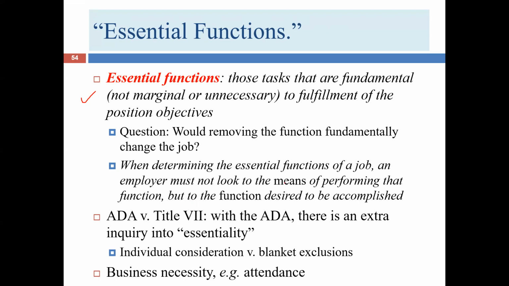Okay, so when determining the essential function of the job, an employer must not look to the means of performing that function, but to what is supposed to be accomplished. So let's imagine that I'm a secretary and I have severe arthritis. I am no longer able to type, but I could probably use something like Dragon Dictate, speaking whatever it is I'm supposed to be typing into the system, and using verbal commands, edit the document so it's looking exactly the way it ought to look.